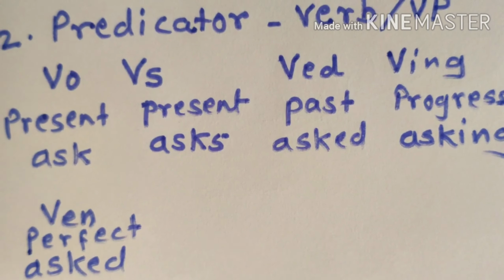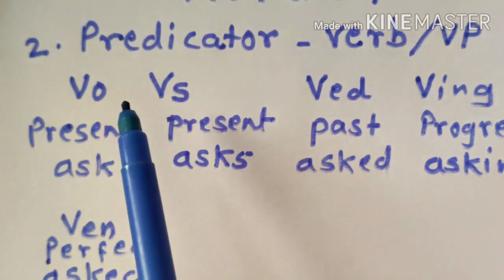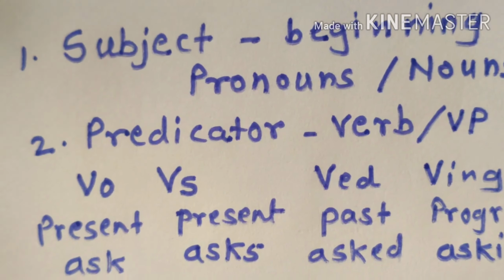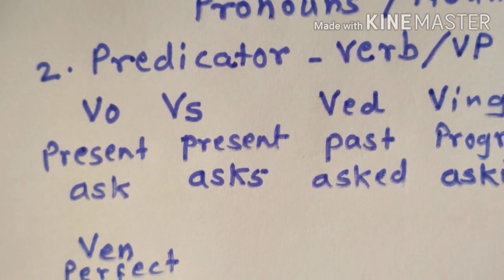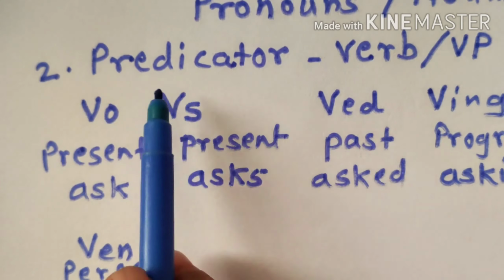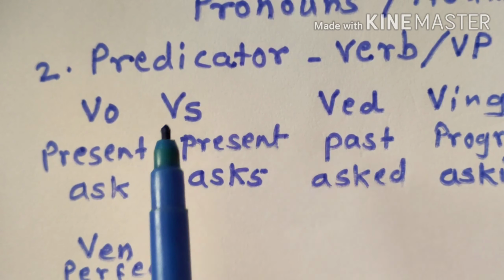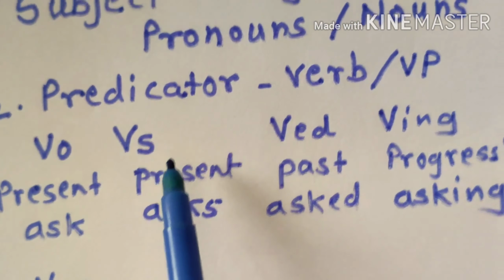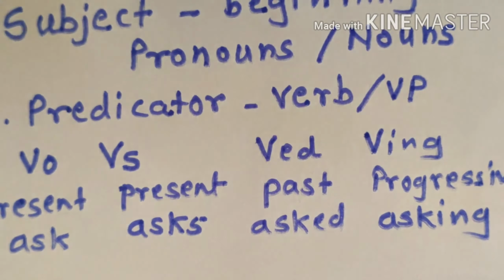So this is one of the elements of the structure of the clause. One is subject, then the other is predicator. Subject comes in the beginning of the sentence and predicator comes after the subject.